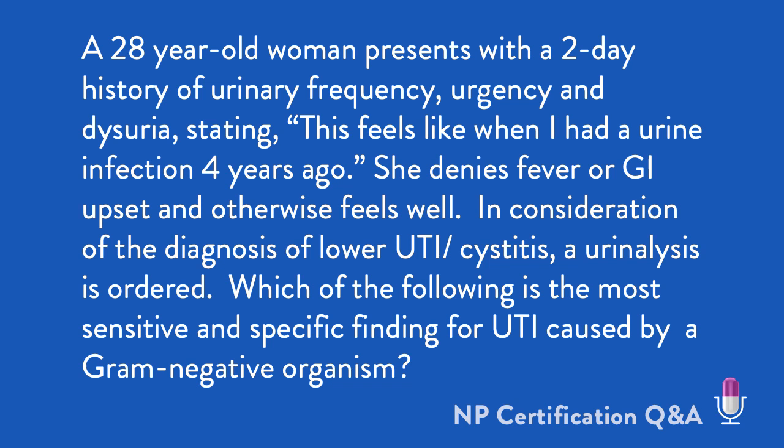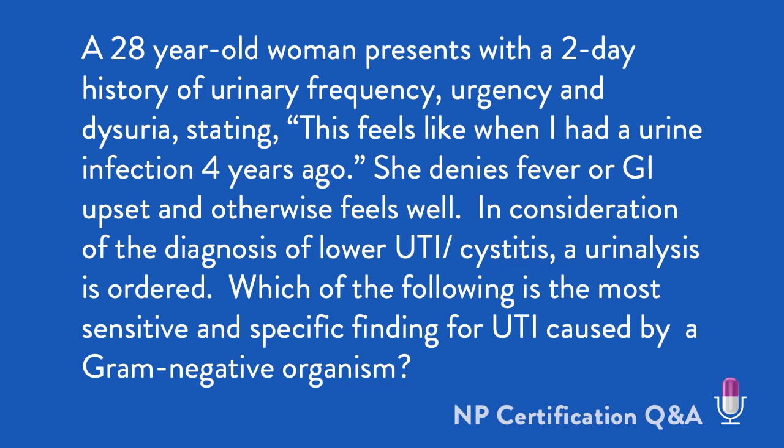Sometimes simply called a UA, a urinalysis is a test that can be conducted as point of care in the primary, urgent, or ED setting, where a dipstick is placed into a urine sample and then a variety of different parameters are shown. A standard UA evaluates a variety of clinical measurements, and we're being asked to choose which is the most sensitive and specific for gram-negative UTI.